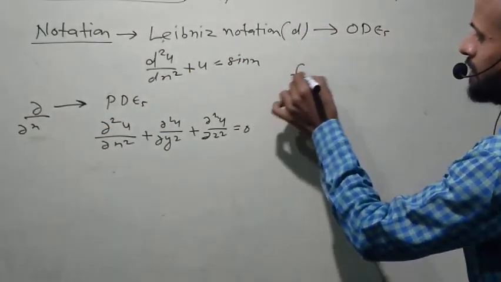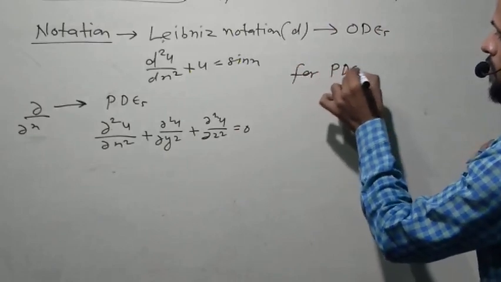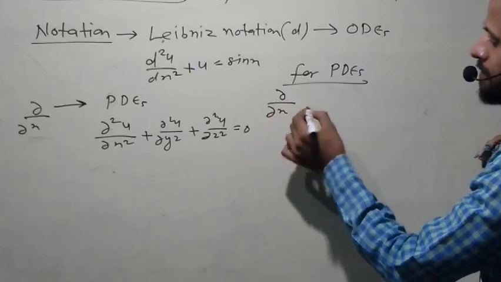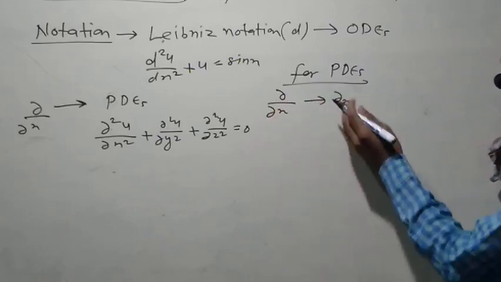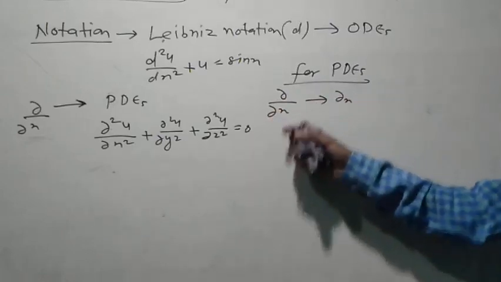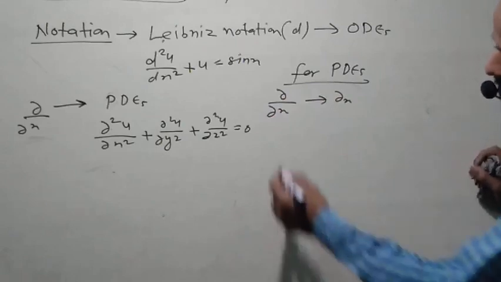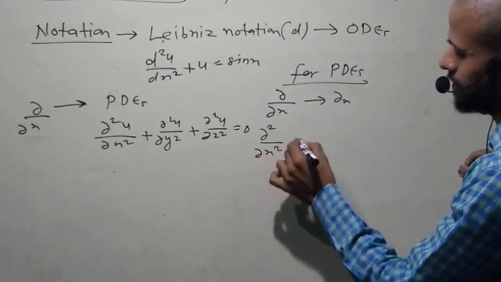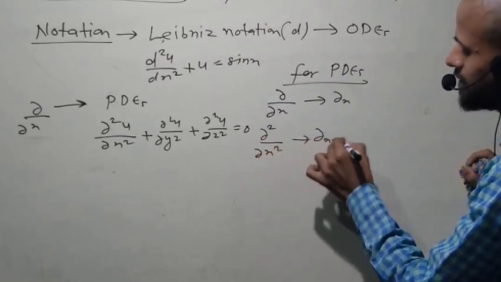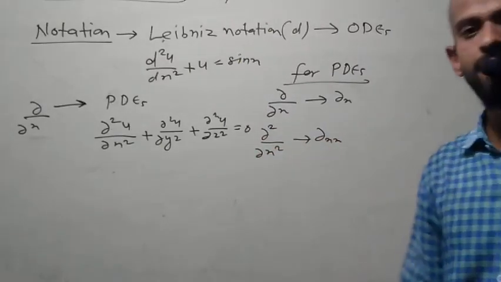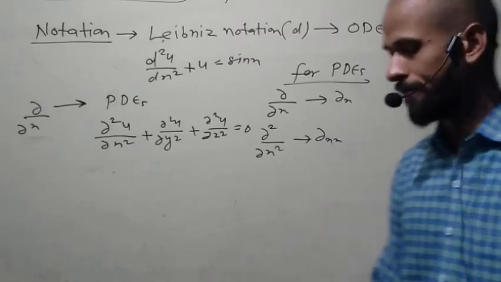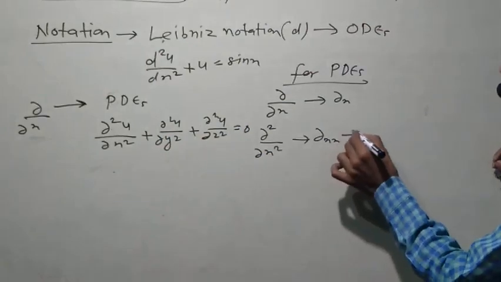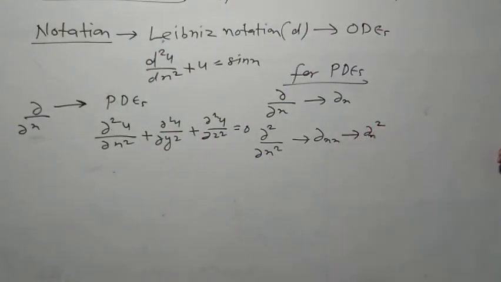Some other notations for partial differential equation: we write del x in subscript in the place of del x, and del 2 by del x square is written as del xx, 2 times x in subscript, meaning there are 2 times derivative of a function, or this may be written as del x square.